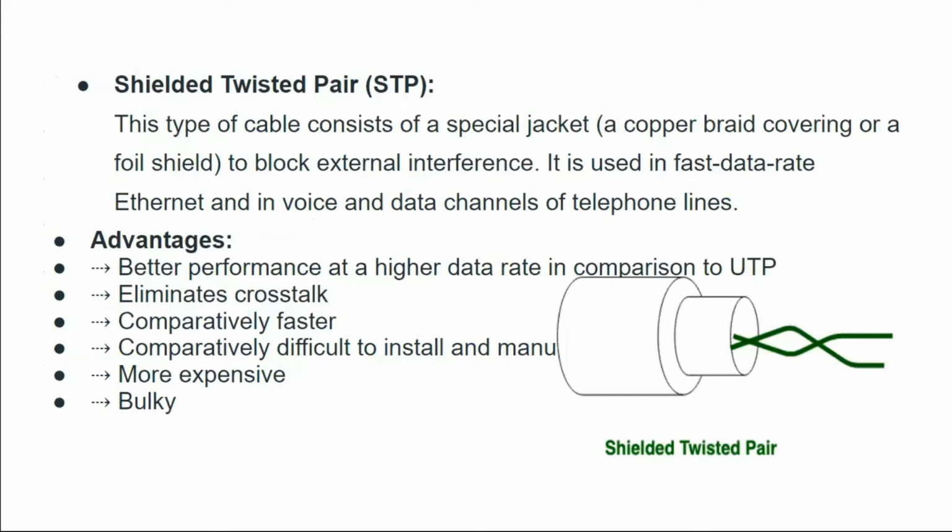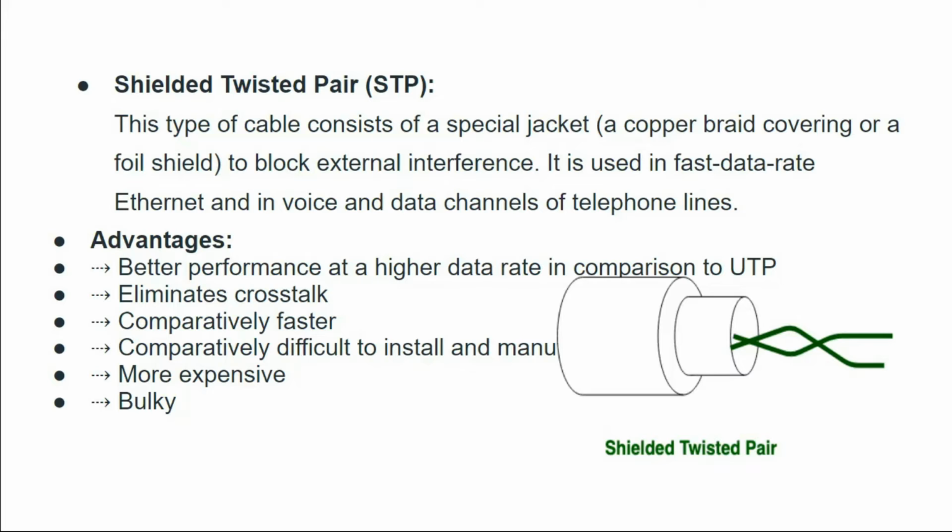The next one is shielded twisted pair. Here there is a special jacket, a copper braid covering or a foil shield, to block external interference. It provides a fast data rate in Ethernet networks.